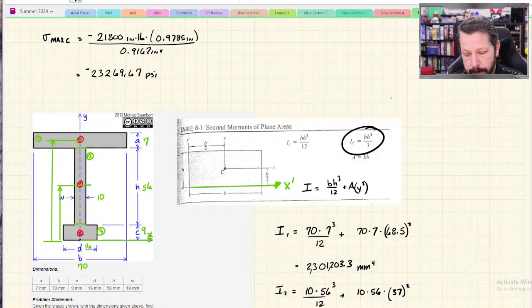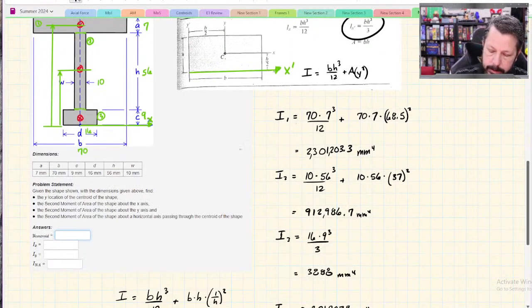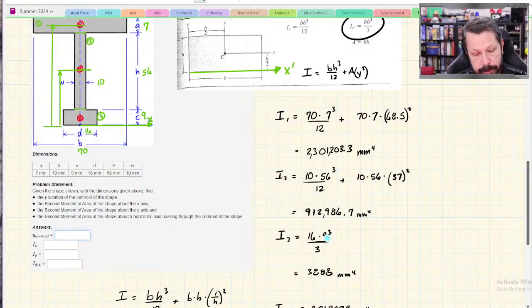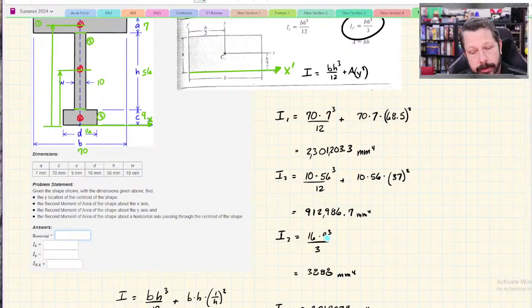I use that one because this piece is trying to find the moment of inertia of part 3 about the x-axis, and so it was already lined up. If you're unsure, a safer thing to do is just always use the centroid one and use the parallel axis theorem if you need to. So it would have come out exactly the same.